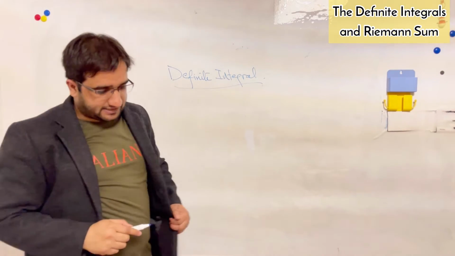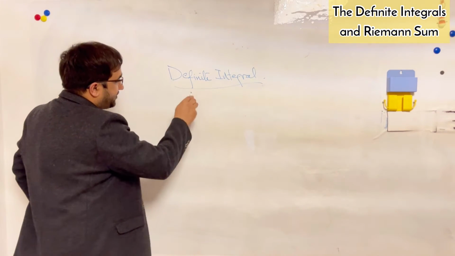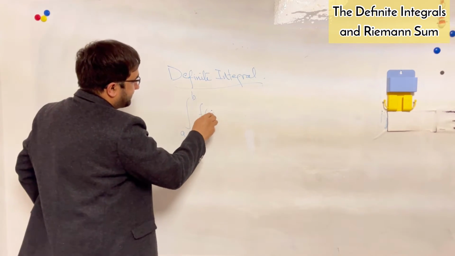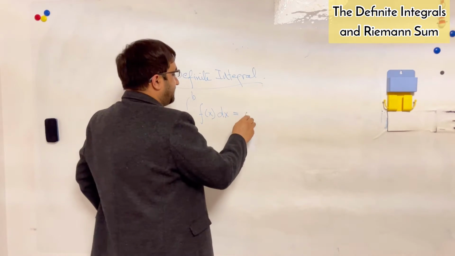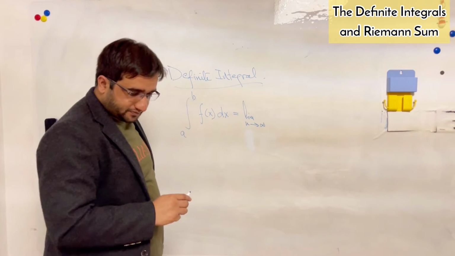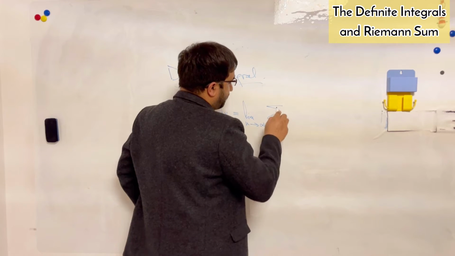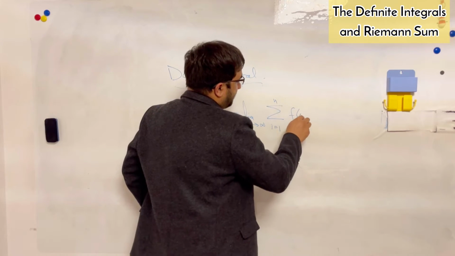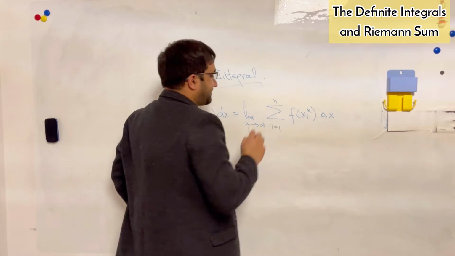I'll just explain it. The definite integral from a to b of f of x dx equals the limit as n approaches infinity of the same formula, the summation i from 1 to n of f of xi star delta x.